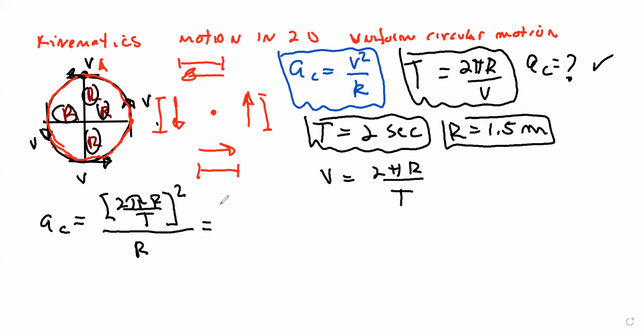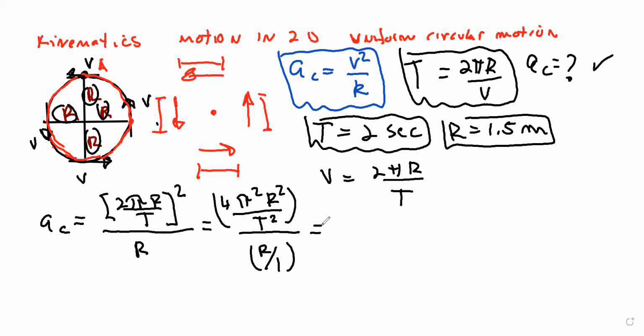So what do we got here? We got 4 pi squared r squared divided by the period squared, and all this divided by r. We can plug a 1 to make this a fraction, so no big deal there.